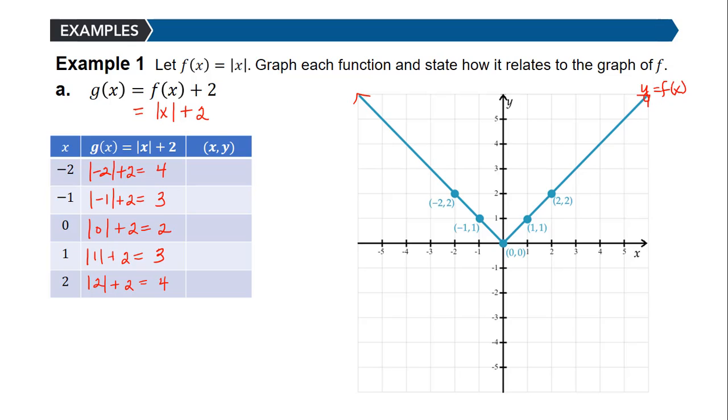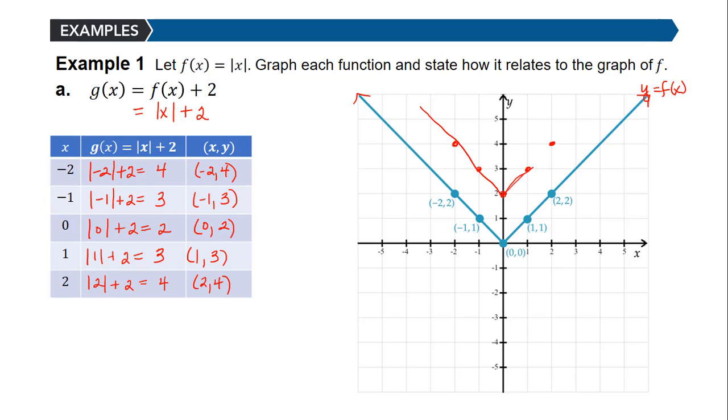On the graph of g, then, I have the points (negative 2, 4), (negative 1, 3), (0, 2), (1, 3), and (2, 4). And so when we connect those points, we get the graph of g.